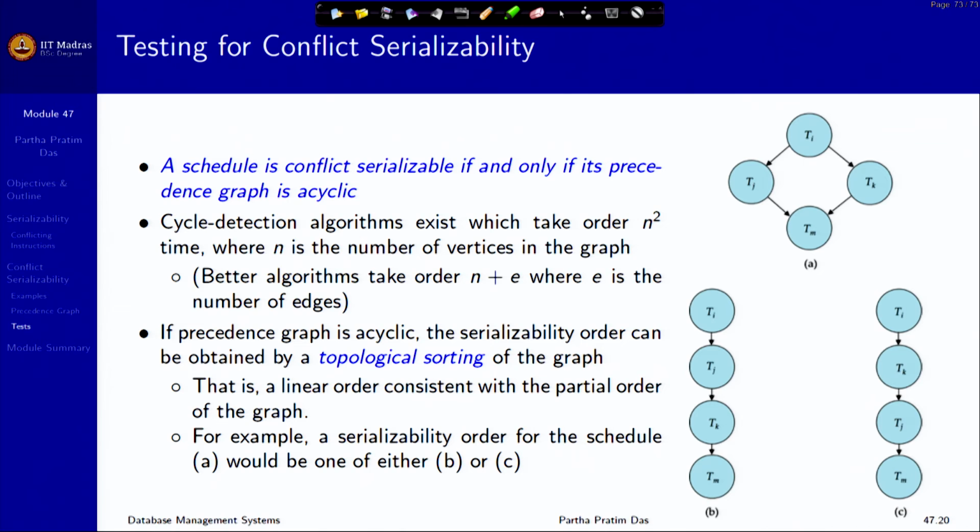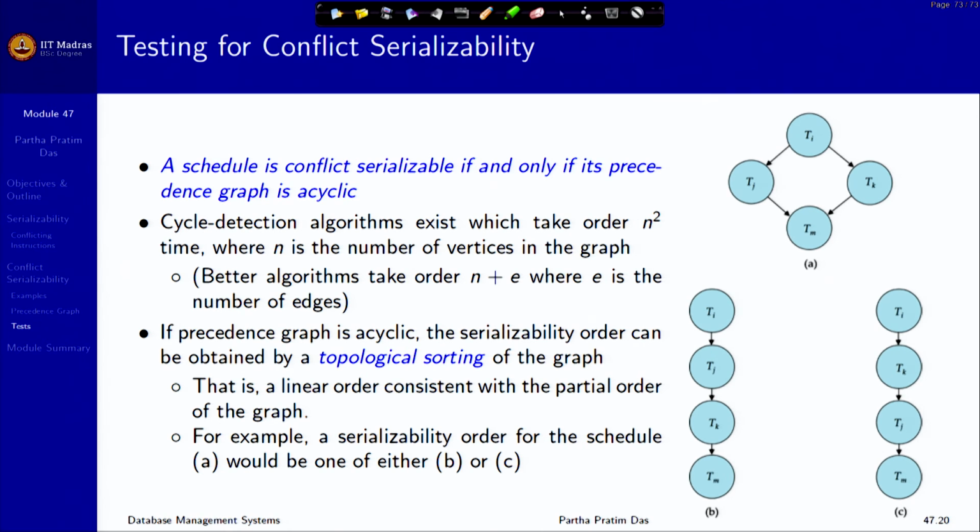Now, we are making the algorithmic statement that a schedule is conflict serializable if and only if its precedence graph is acyclic. If the precedence graph does not have a cycle, then it is obviously conflict serializable. Why?